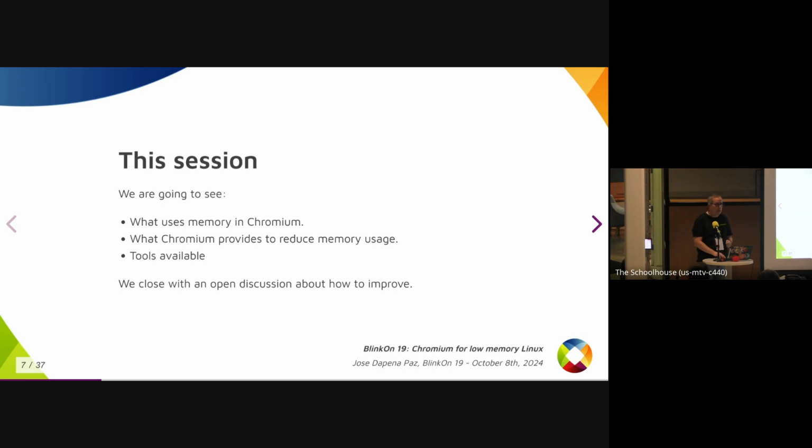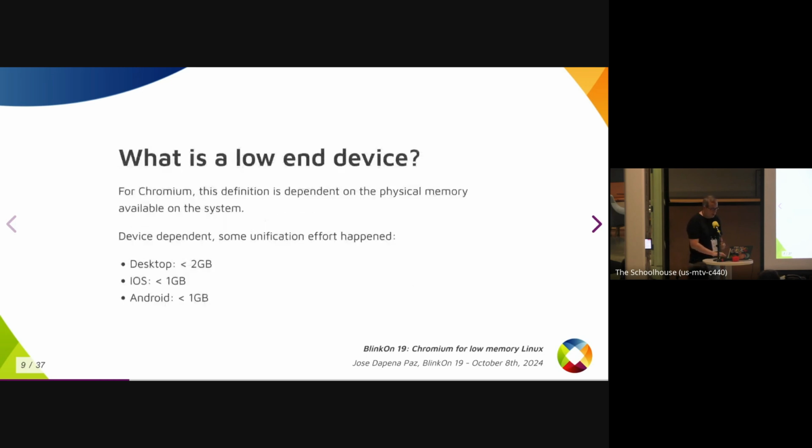Okay, so first, let's define a bit what a low-end device is regarding memory. For Chromium, this definition is basically written in the code, and it depends on the physical memory available in the system.